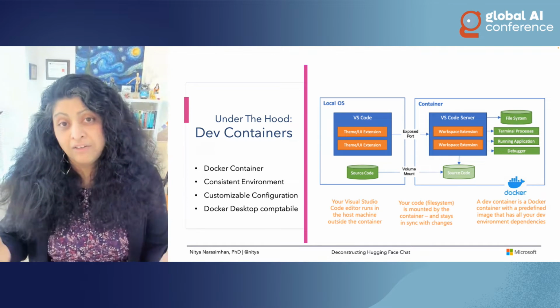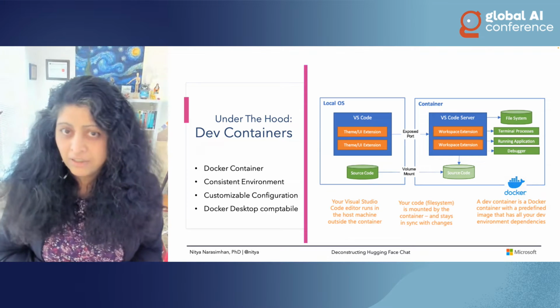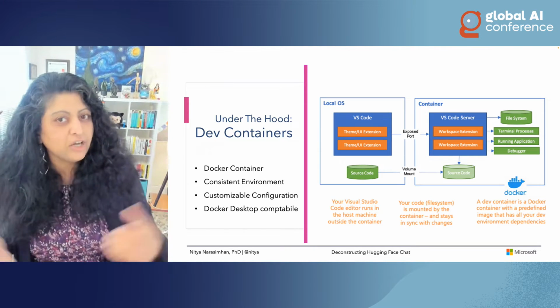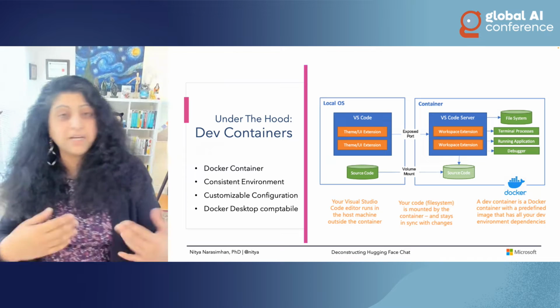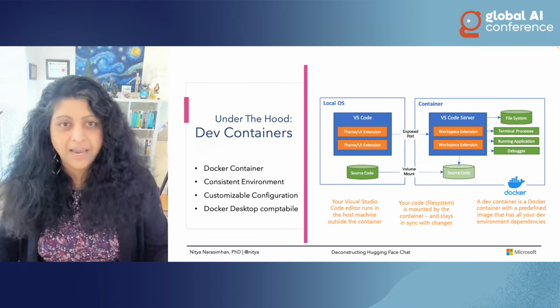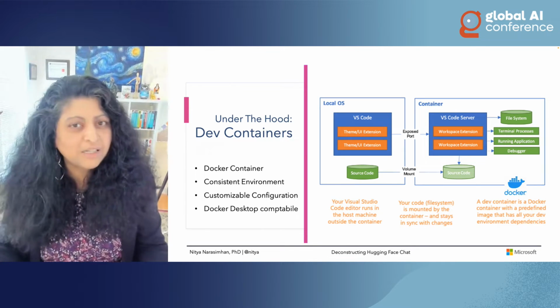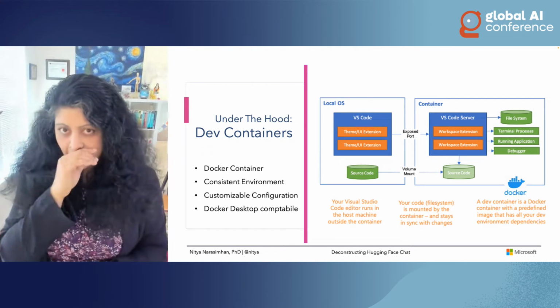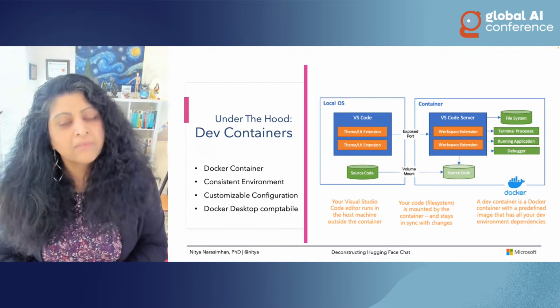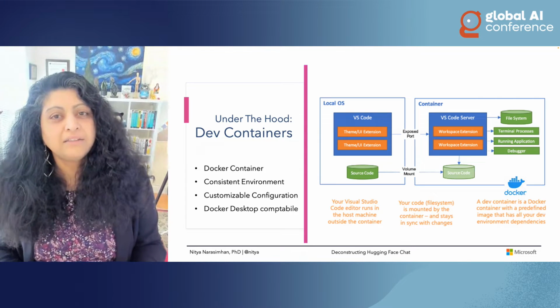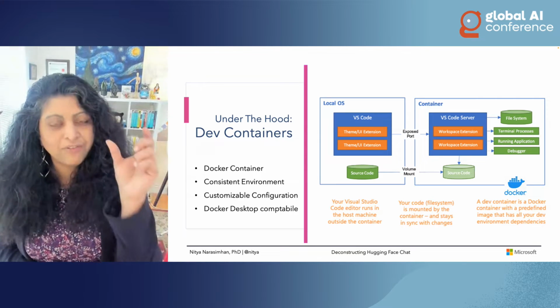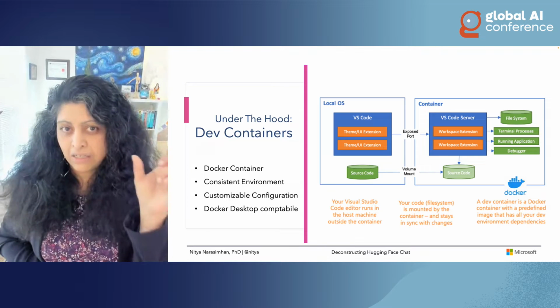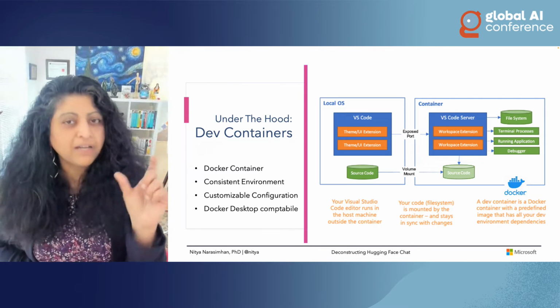It comes with a configuration file called devcontainer.json, where you can give it the base Docker image. You can customize it by adding other Docker features and building up the most custom, efficient container that you need for your particular application. But once you've done that, you now have a single file, and this is called configuration as code.